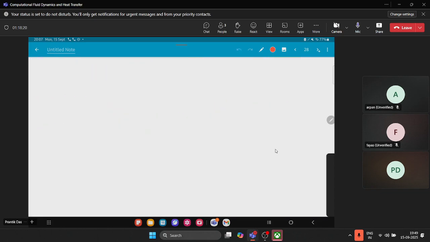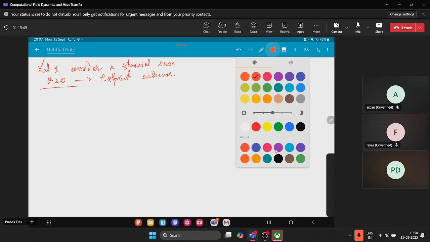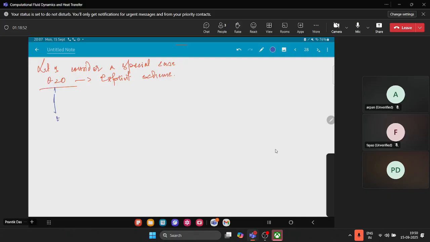So now we are going to consider a special case. Theta equals 0, which is called the explicit scheme. Then the integral from t to t plus delta t of TP prime dt is equal to TP naught delta t.